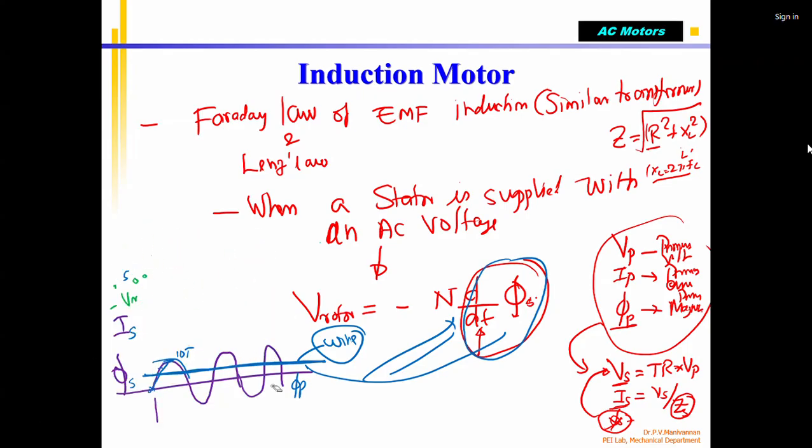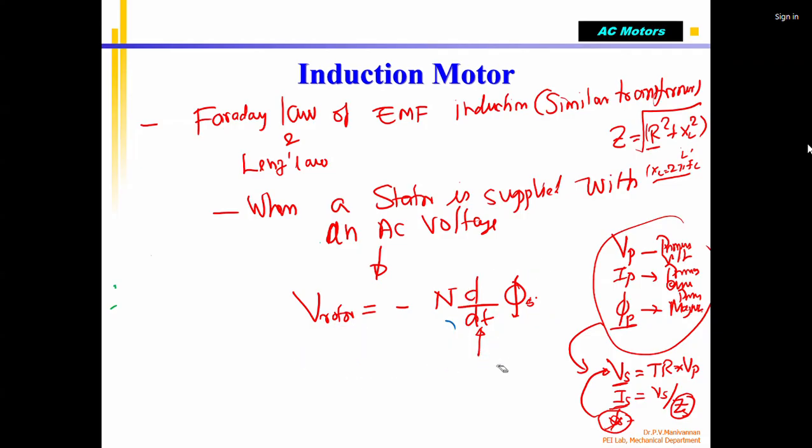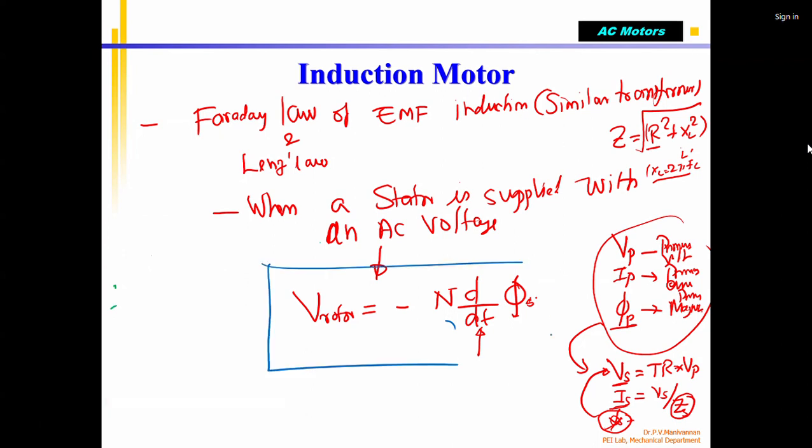Because of that, magnetic flux is created, and that magnetic flux interacts with the rotating magnetic flux of the stator. Automatically, the torque is generated. The motor starts moving, and if you connect the load, it can take the load. Correct? This is the basic principle of the induction motor.